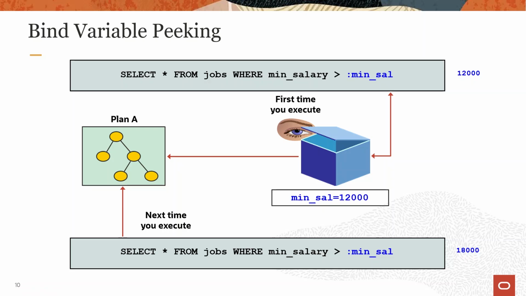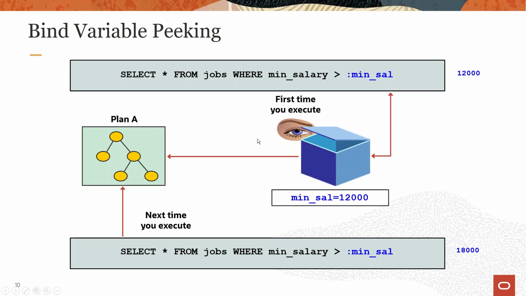Whenever the optimizer builds an execution plan, it makes estimates on how many records it thinks it is going to retrieve via that select statement. So it has to calculate selectivity and cardinality. The very first time that you execute that select statement, the optimizer has to build an execution plan.